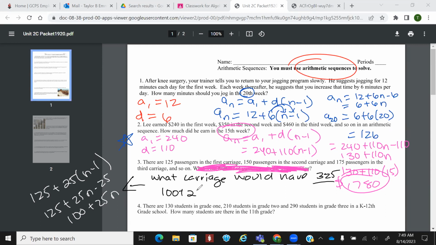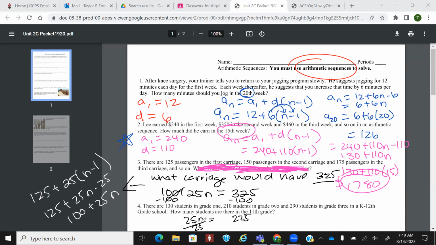Okay, so here it is. 100 plus 25n equals 325. How do I get n by itself? Subtract the 100, right? And then somebody said it, we're going to divide. So 325 minus 100 is going to give us 225.